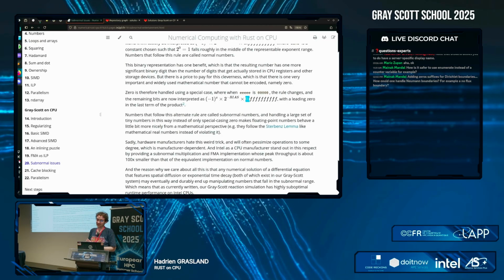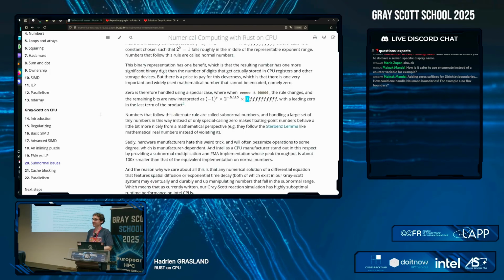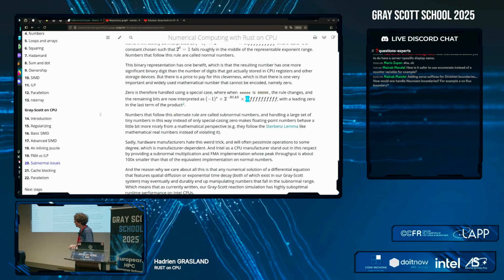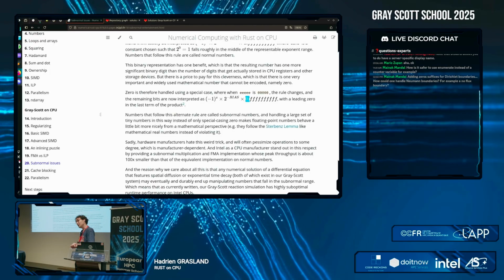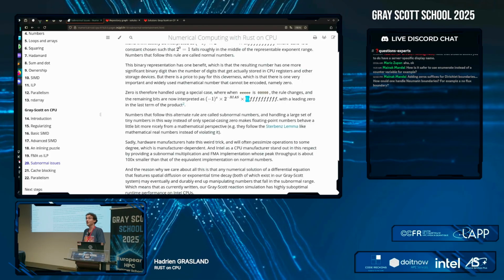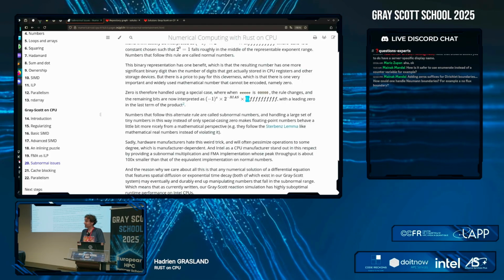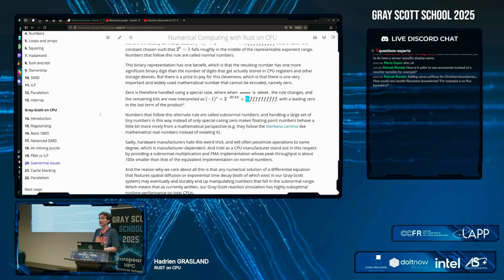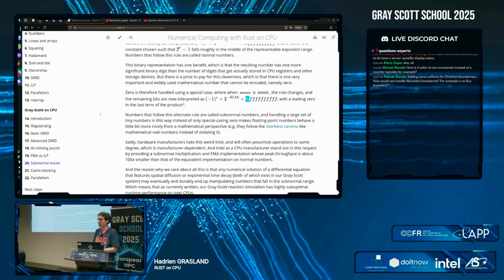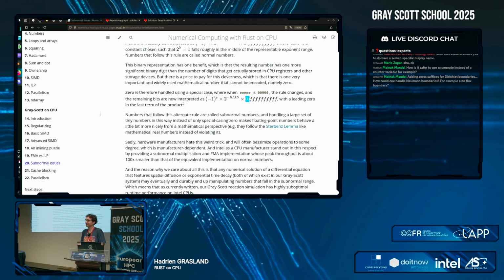So what did the hardware manufacturers do? They did not all do the same thing. And in the particular case of Intel, they decided to implement subnormal mathematics in an extremely inefficient way, which makes it 100 times slower than normal operations on floating point numbers.